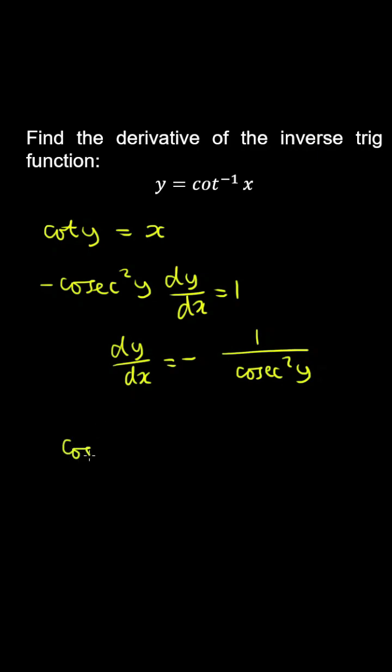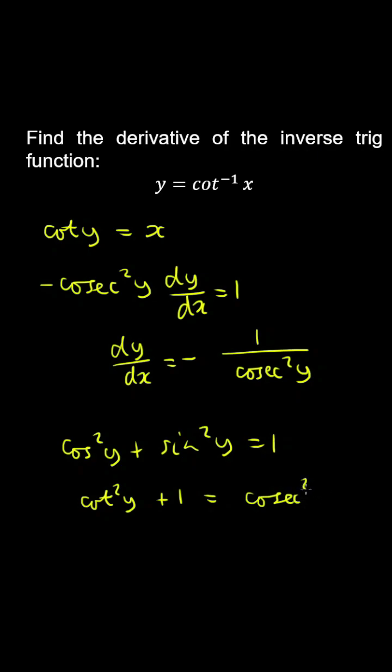And we can use the trig identity of cosine squared y plus sine squared y is equal to 1, and dividing through by sine squared y gives cotangent squared y plus 1 is equal to cosec squared y. And we can see that cotangent squared y is equal to x squared, so therefore this expression becomes minus 1 over 1 plus x squared.